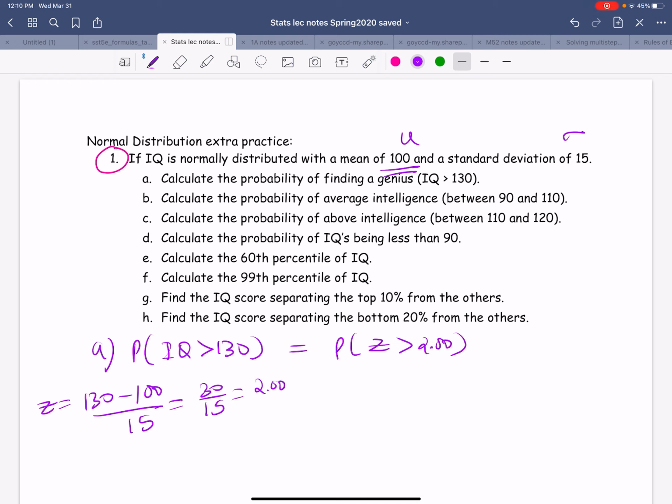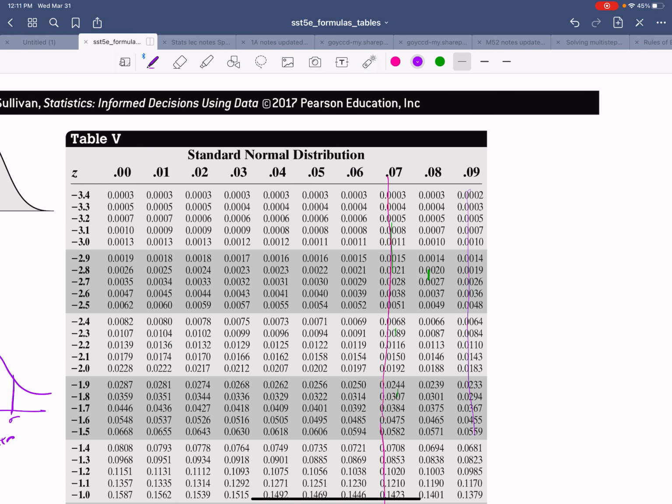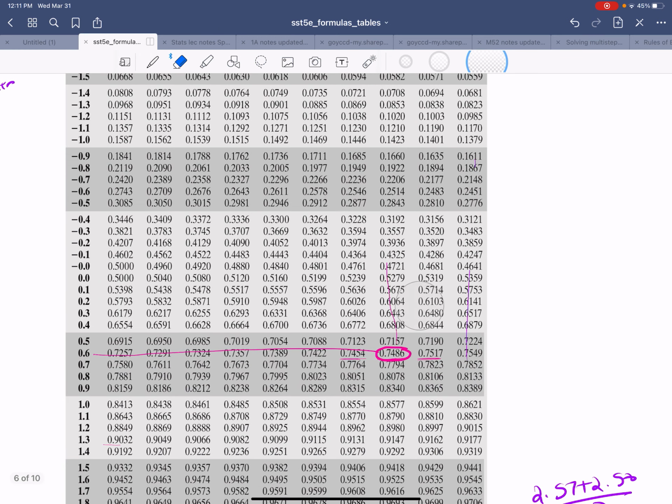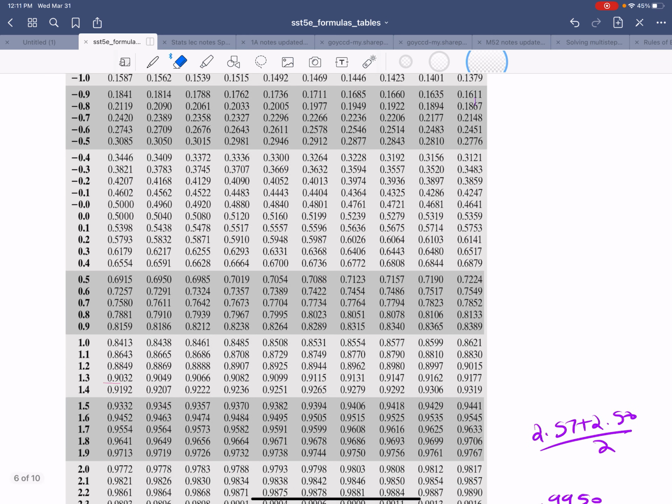What's the area to the right of 2.00? We're looking for somebody whose IQ is greater than 130, right? So to the right of 2.00, I'm going to the table. I do know my table doesn't give me area to the right, it actually gives me area to the left. So I can do 1 minus whatever is the area to the left, and that would be the area to the right.